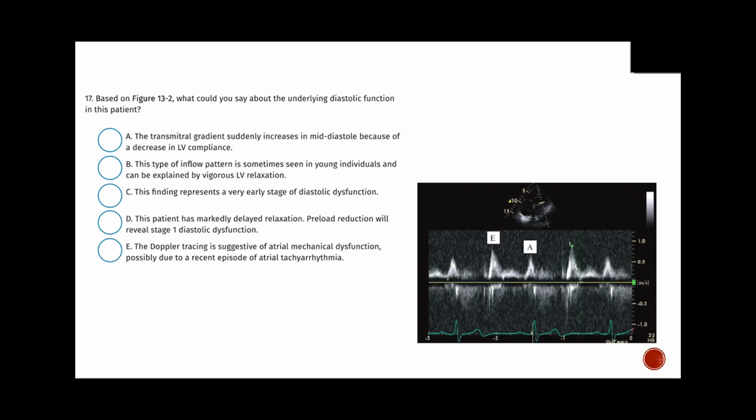This type of inflow pattern is sometimes seen in young individuals and can be explained by vigorous LV relaxation. This finding represents a very early stage of diastolic dysfunction. This patient has marked delayed relaxation. Preload reduction will reveal grade 1 diastolic dysfunction. And the Doppler tracing is suggestive of atrial mechanical dysfunction, possibly due to recent episodes of atrial tachycardia.